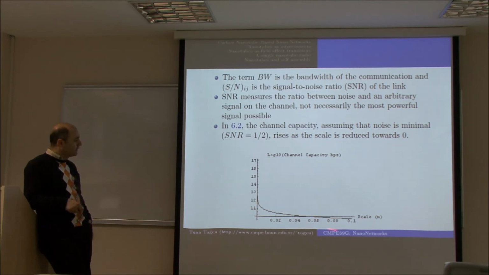So when you look at this figure, you see that the channel capacity is higher when you're working at the small scale, but as the scale increases, the channel capacity drops significantly. So this is the case where SNR is 1 over 2.